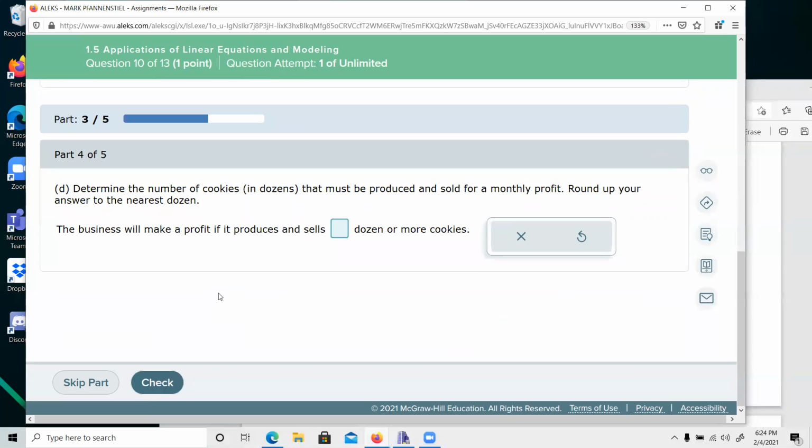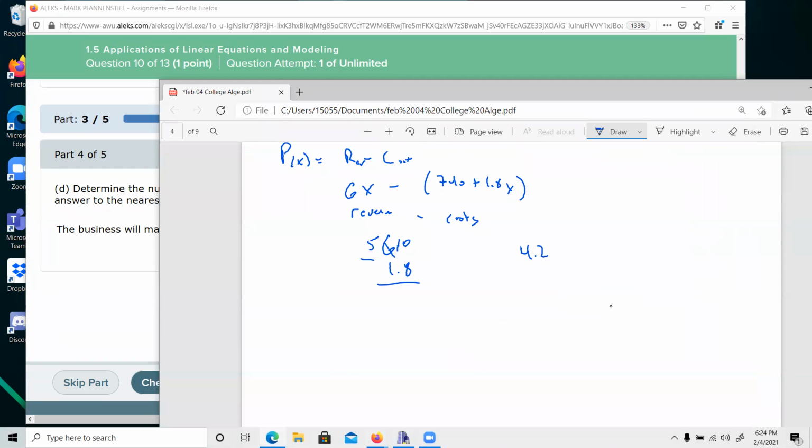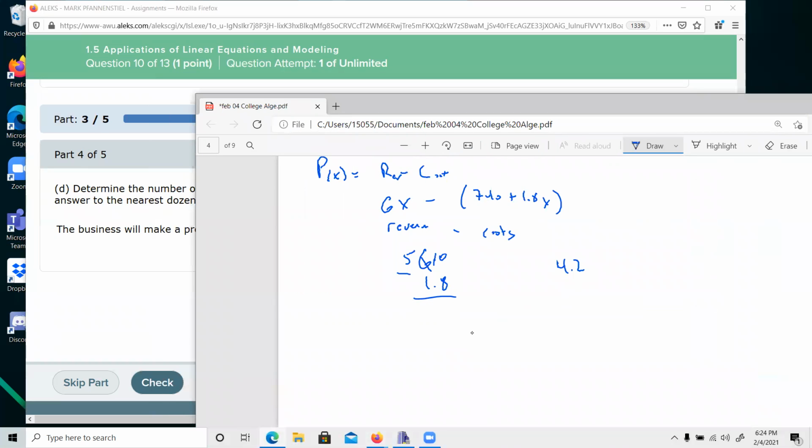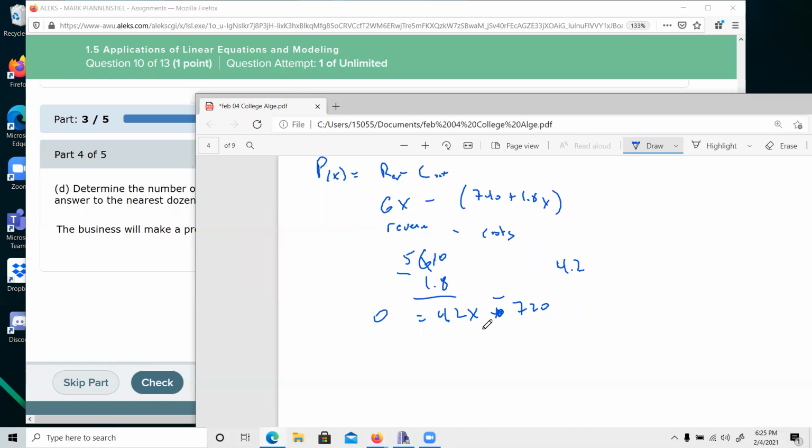There we go. And now they want to know how many you have to sell to break even. So all we're going to do is set this equal to 0. That's when my revenue is dead even. Oh, this should be a minus. Why?